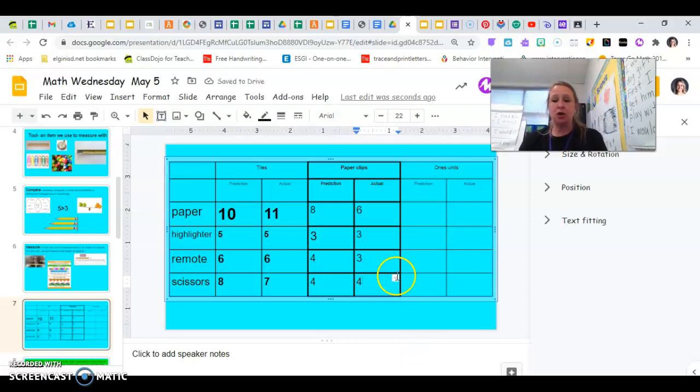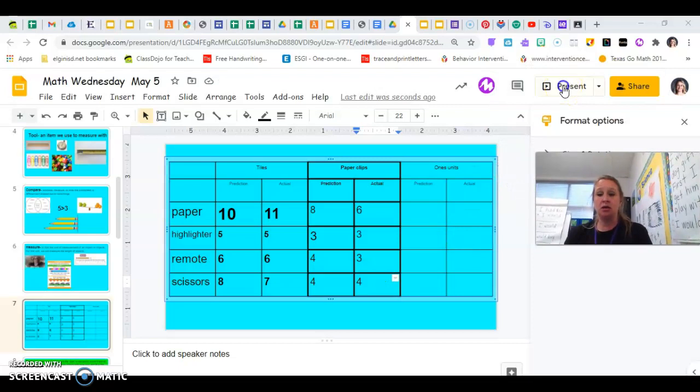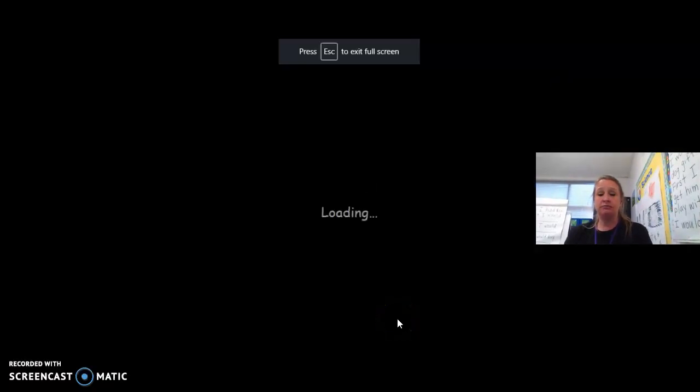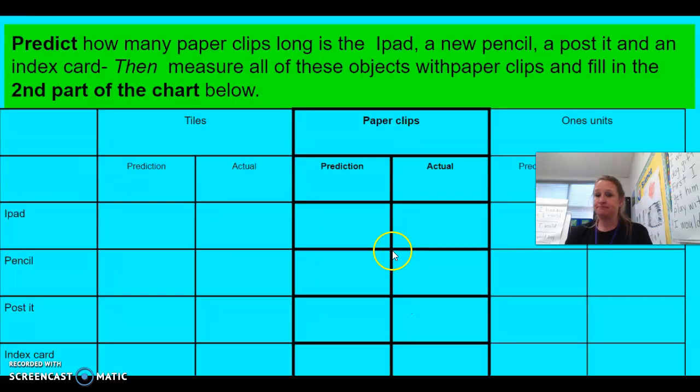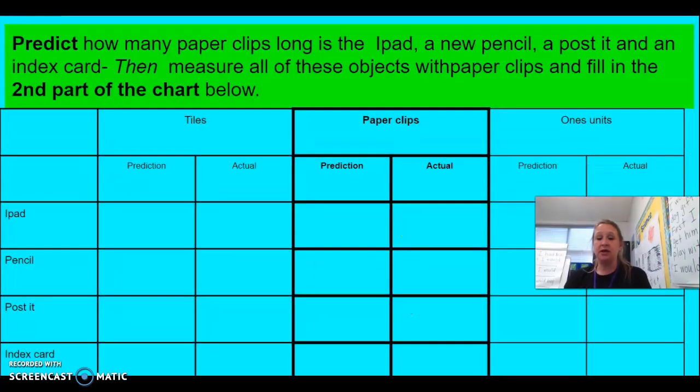Now you are going to go to your assignment page, which is right here. You're going to use the middle graph, the middle boxes, to measure with paper clips. If you are at home, you can measure with macaronis or beans or whatever you have, as long as they are all the same size.